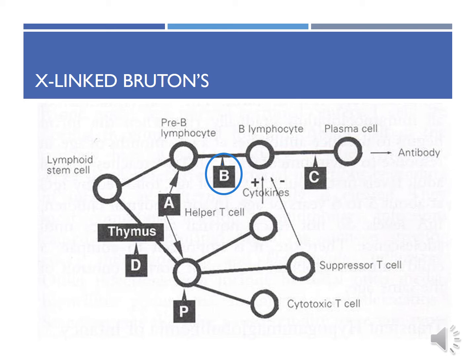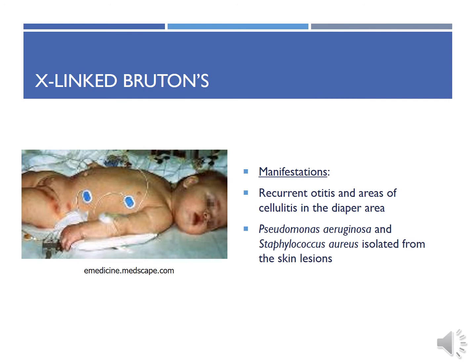This is a huge limiting factor with this disease: they cannot routinely fight off bacterial infection, so they have recurrent infections all the time. Usually patients with Bruton's are first discovered when they're children.